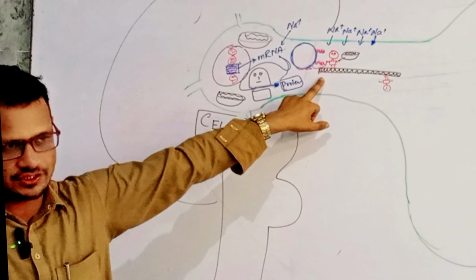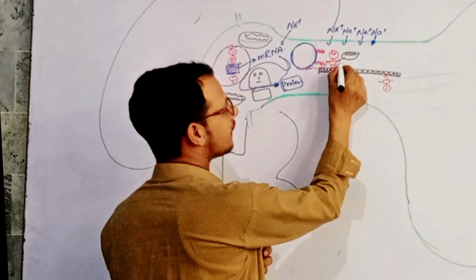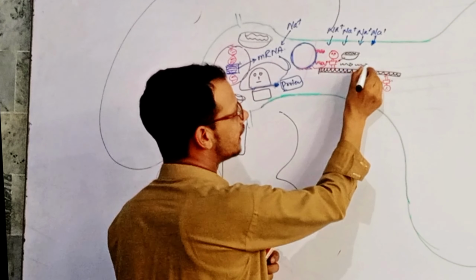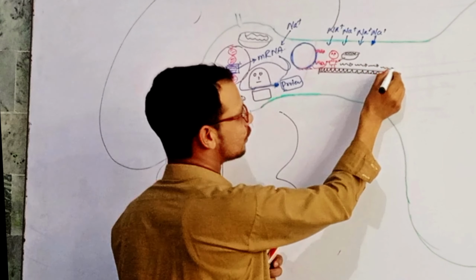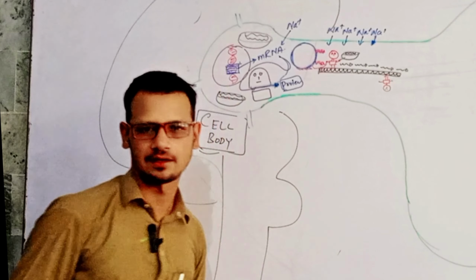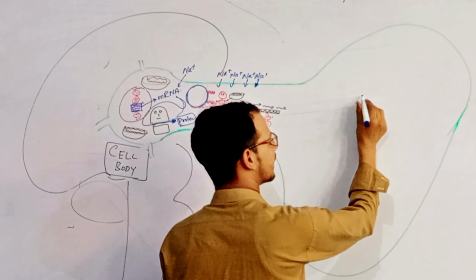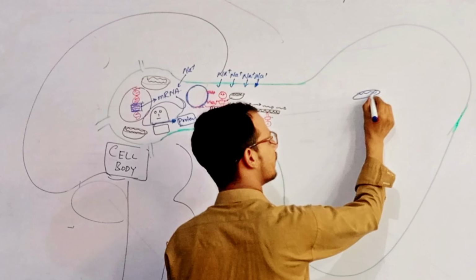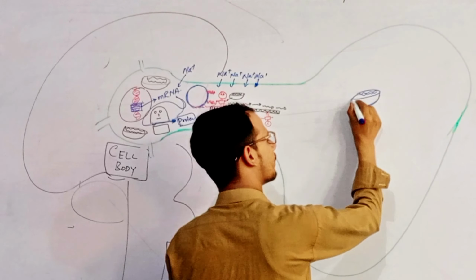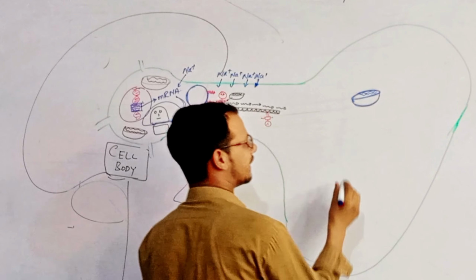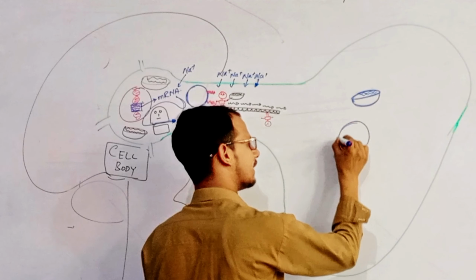When it is depolarized, this protein starts walking towards the axon terminal, and this mitochondria, for example, is now present in the terminal, and the vesicle is also present.